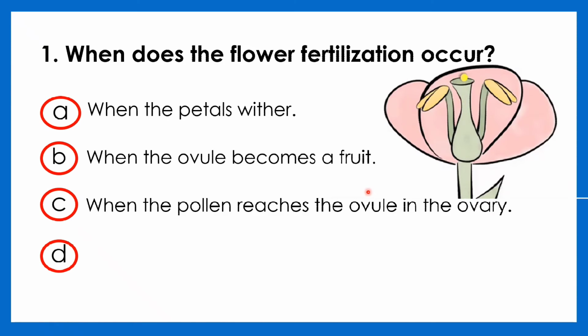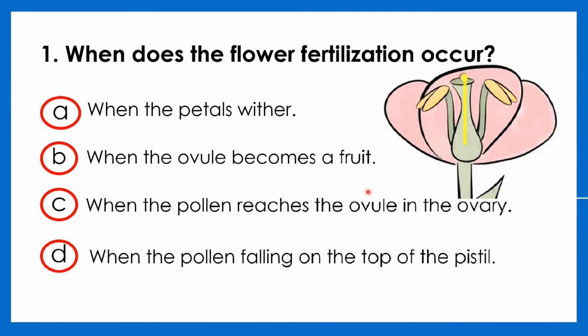Letter D, when the pollen falls on the top of the pistil. So when does the flower fertilization occur? After pollination, fertilization will go next.